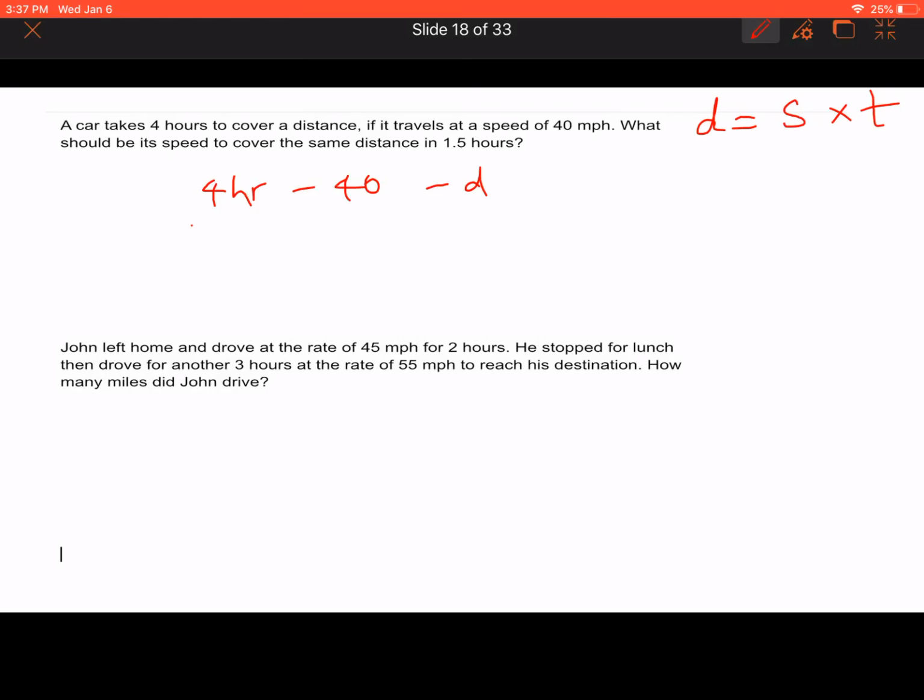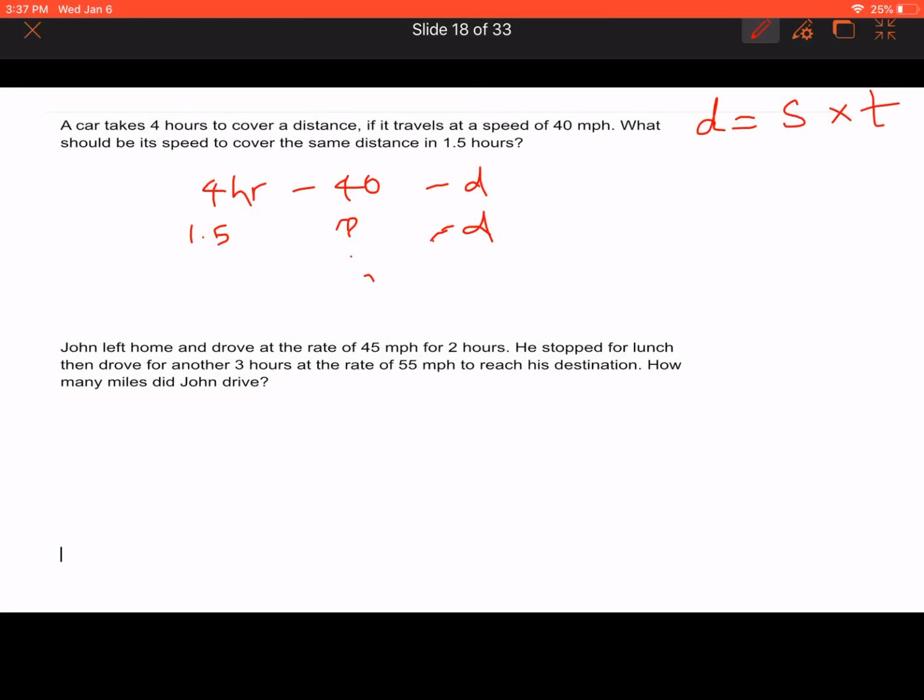It moves 1.5 hours. At what speed will it cover the same distance? So it's going to be a simple problem. 4 hours, 40 miles per hour speed, and in 1.5 hours, what speed will it cover the distance?